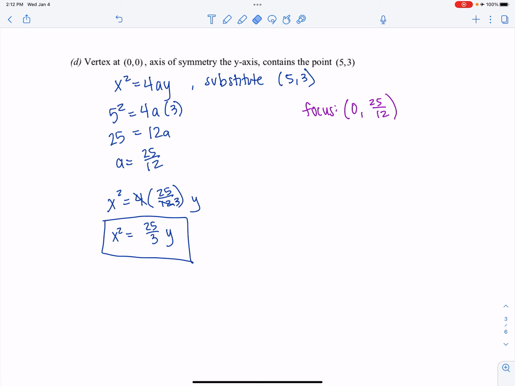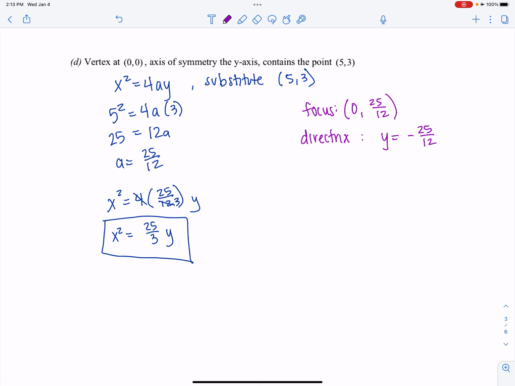And then when we get to the other examples, we'll even talk about the h and k as well. So our focus is (0, 25 over 12), and our directrix is y equals negative 25 over 12.